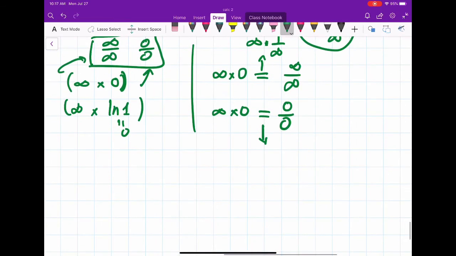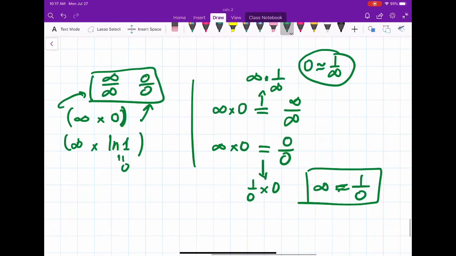You write 1 over 0 times 0, because infinity is kind of 1 over 0. You see, that's how we can convert this form into one of the indeterminate forms we know.